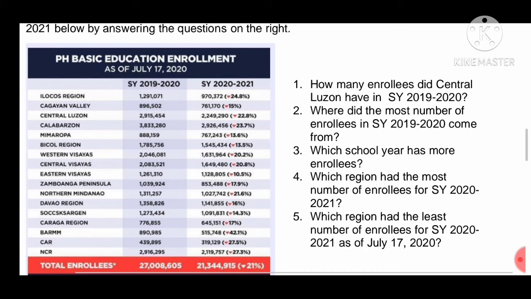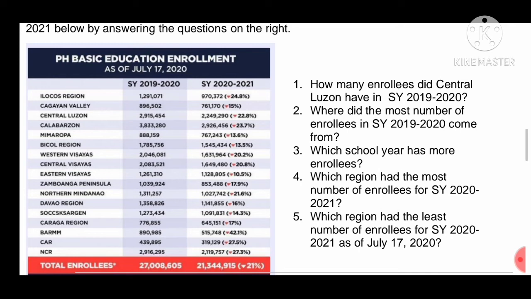And the third column, school year again, school year 2020-2021. So this is a sort of compare and contrast table because the author here wants to compare the number of enrollees last school year to school year 2020-2021.